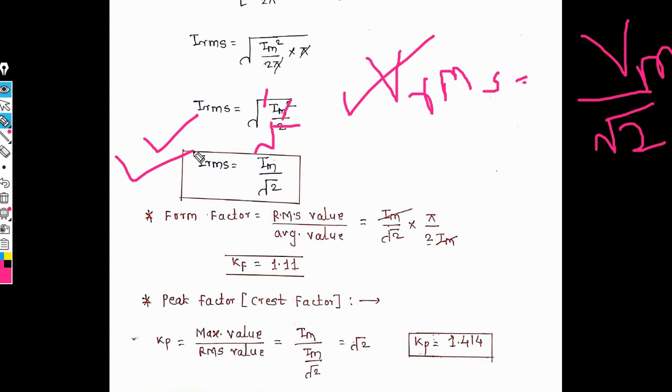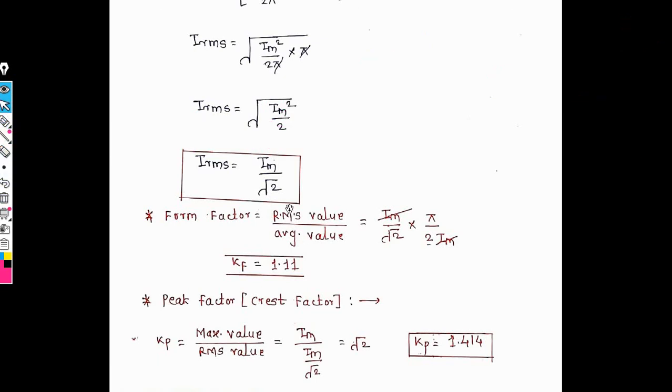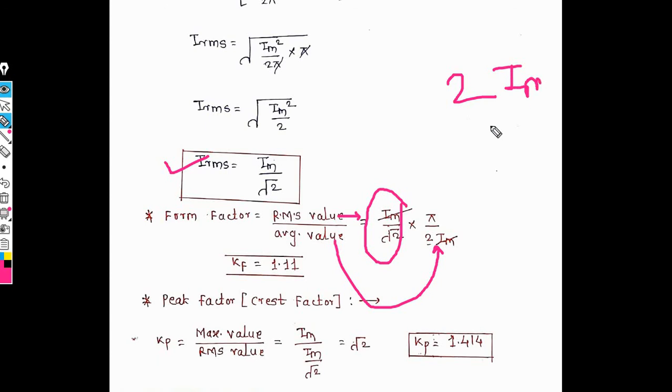The form factor is the ratio of the RMS value to the average value. The RMS value is Im upon root 2, and the average value formula is 2 Im upon pi, which I calculated in the previous expression. So the ratio is Im upon root 2 into pi upon 2 Im.